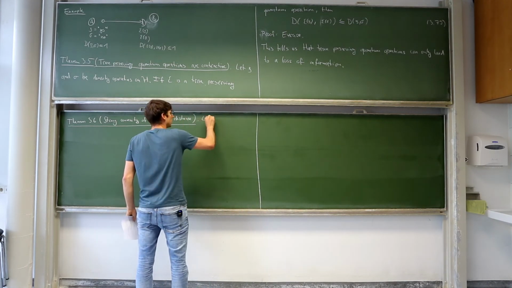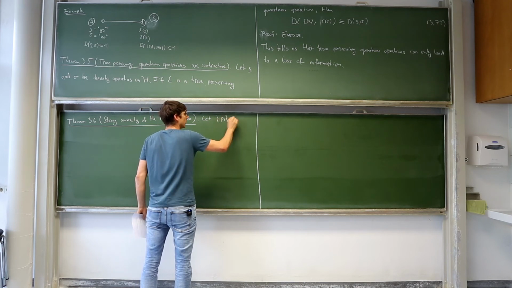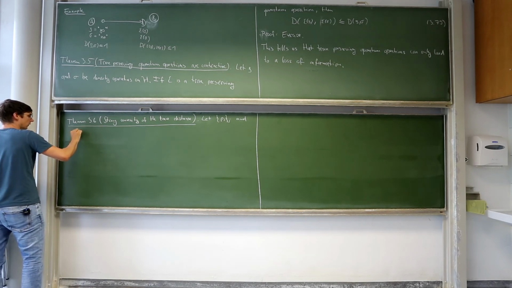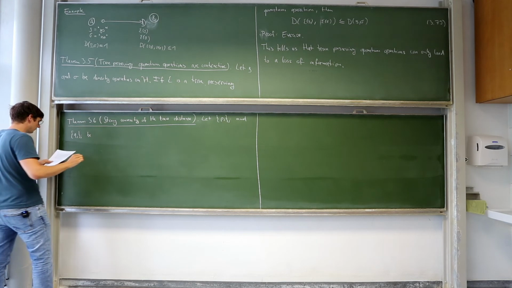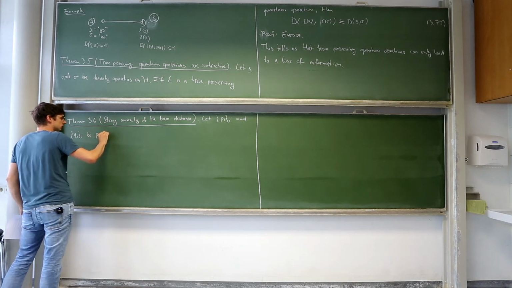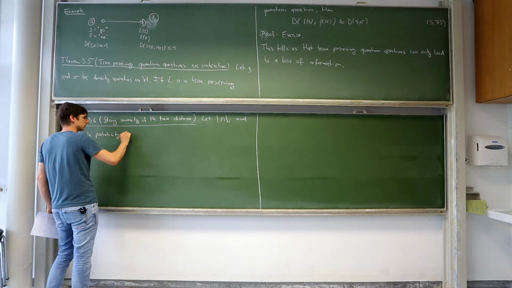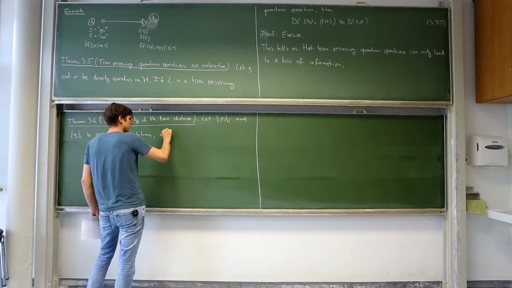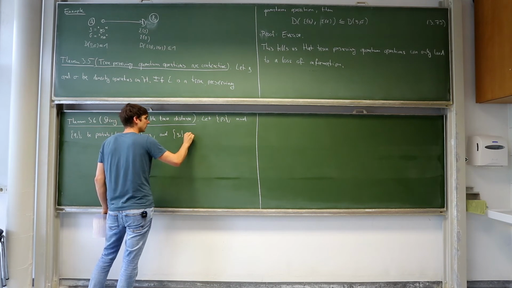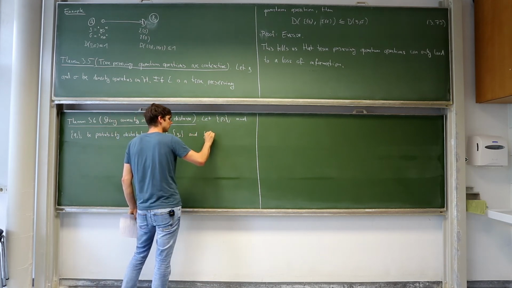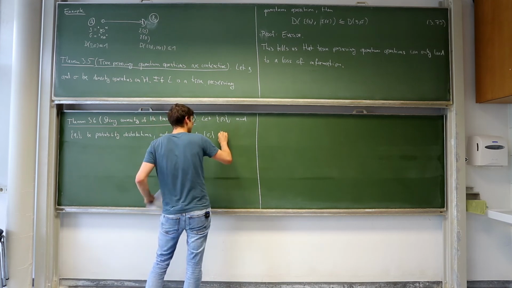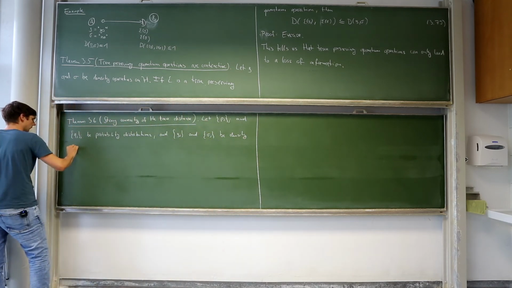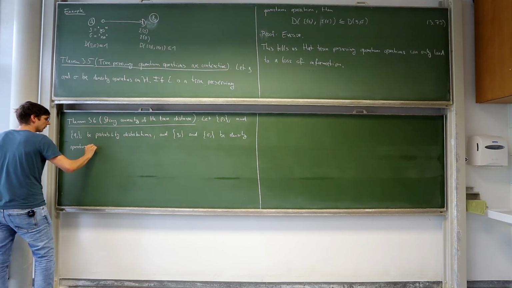So let p_j and q_j be probability distributions, and let rho_j and sigma_j be density operators over the same index set.